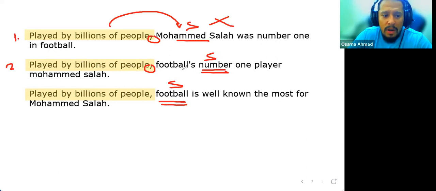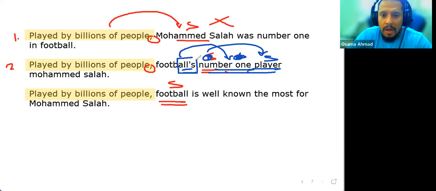Number 2, played by billions of people. Now, don't be tricked here. Football's number 1 player, right? This is actually the subject, or this is the subject, player. The apostrophe S moves the subject to the next noun. So here, the player is played by billions of people. Also note, look at sentence 3.